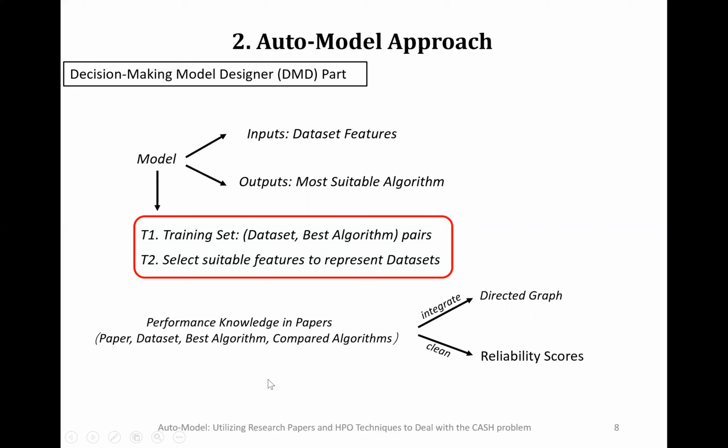After getting the training set, we transform the feature selection problem into an HPO problem and use the classic HPO technique to solve this problem, the task 2. So the training set is the most important part in the DMD part.